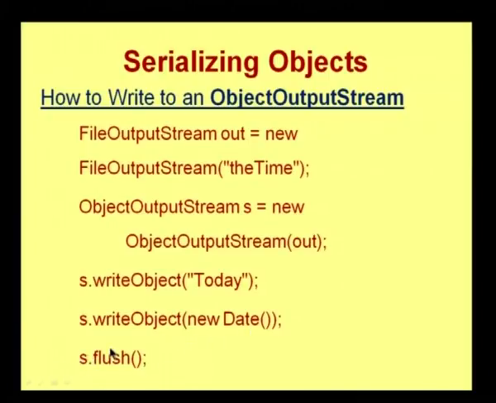So I first write the string object inside my stream and then I write my date object. My objects will now be converted into a stream of bytes: first the string, then after that the date object. So these two objects will be written on your output stream.